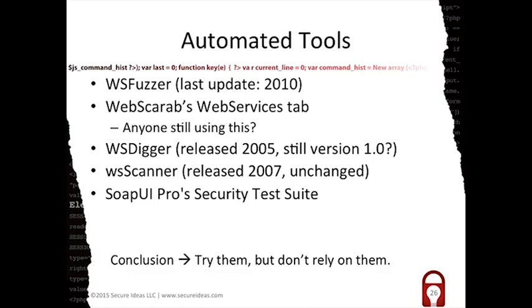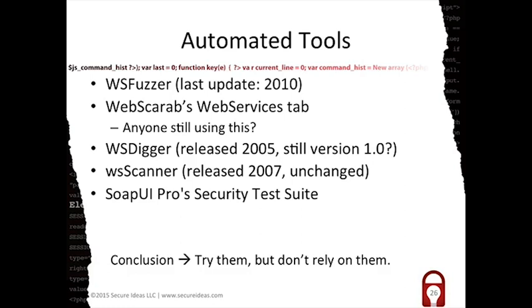I haven't seen any releases since 2005. Maybe I missed one, but it's another case of older tools. WS Scanner as well. Some of these date to 2000. That's over 10 years old at this point. It doesn't mean it doesn't work, but it really hasn't been maintained either.